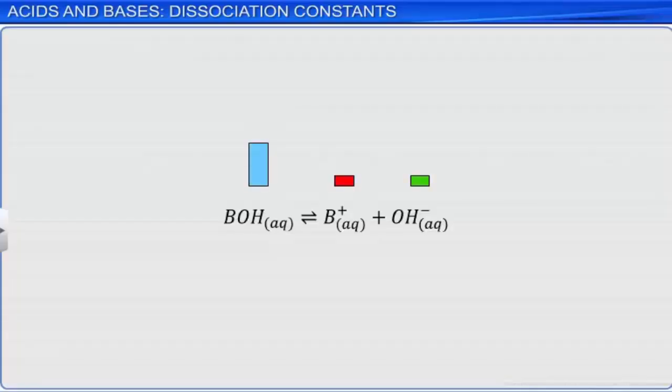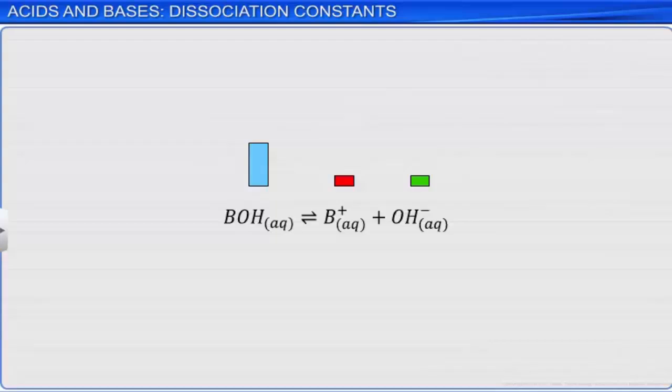The ionization constant of weak bases can also be expressed in a manner similar to that for weak acids. Consider the ionization of a weak base, BOH, in water. The equilibrium for this dissociation can be expressed as BOH aqueous in equilibrium with B plus aqueous and OH minus aqueous.